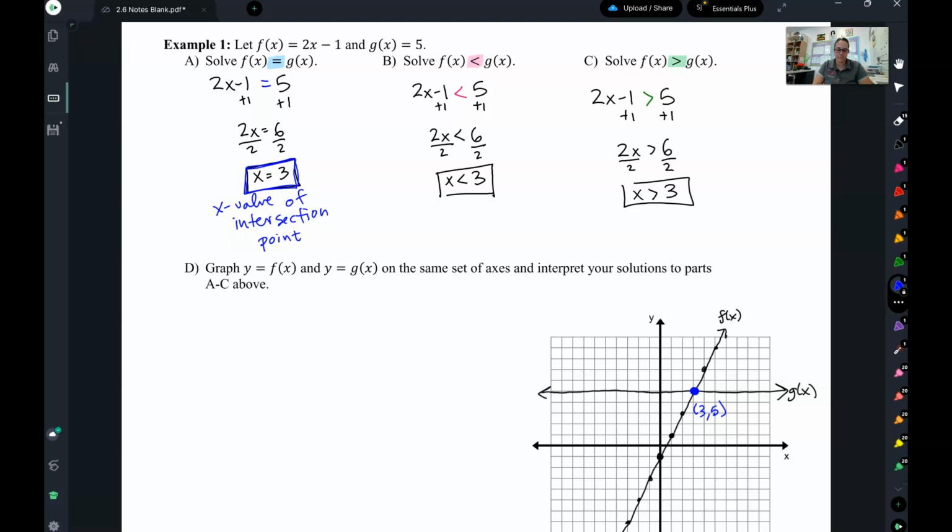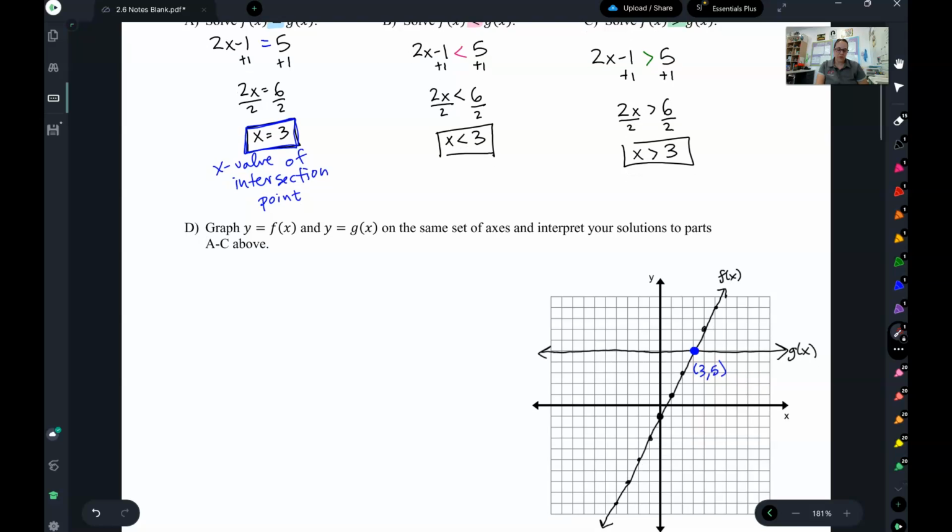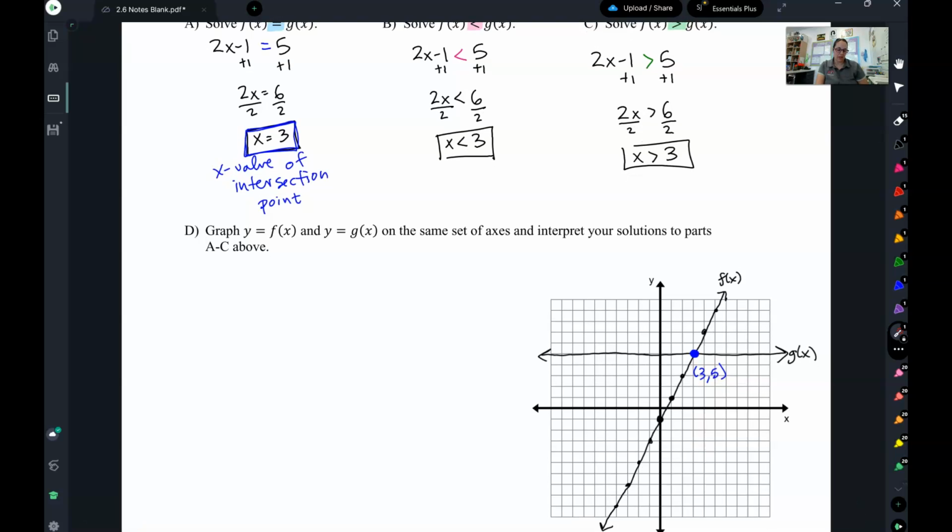So now let's talk about less than. This is x is less than 3. So if I look at x is less than 3, here is my f of x graph. So I'm in this area less than 3.